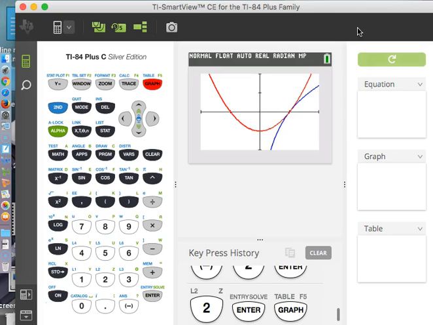Some of you are getting closer and closer. How many spots? Intersection. Just one. Where is it? 1, 0. That's it. Just 1, 0.